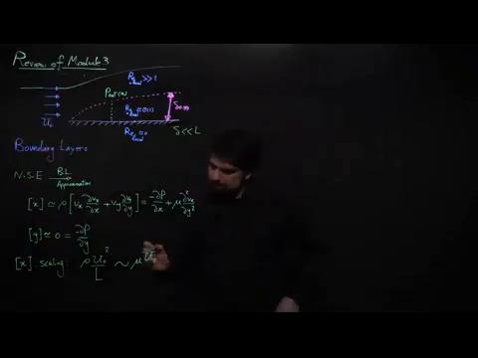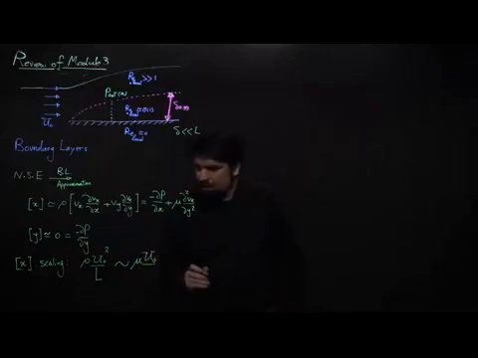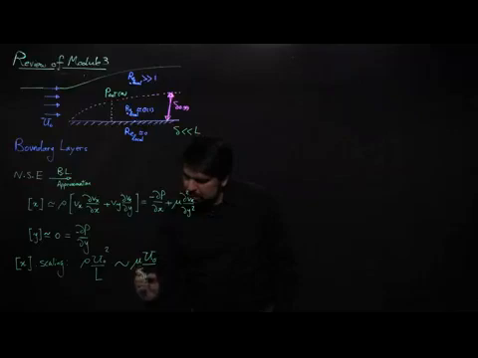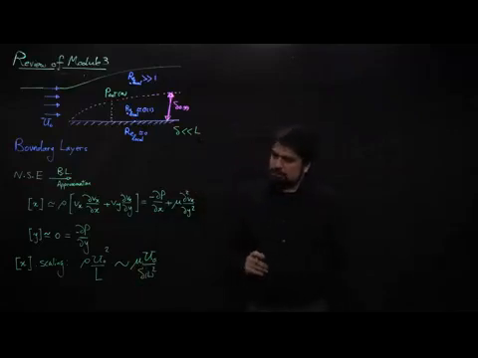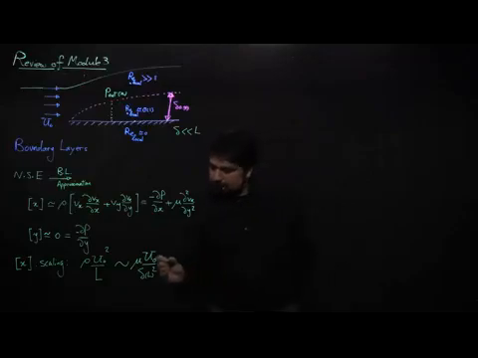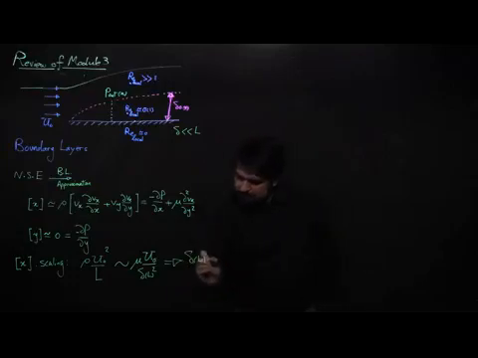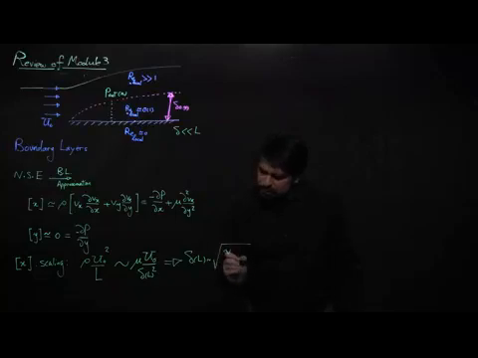Mu times u0 is a scale for viscosity divided by a length scale squared, and that length scale here is the thickness of the boundary layer at a position L. So delta at a position L squared. If we follow this scaling, this tells us that delta at position L scales as square root of nu, which is kinematic viscosity, multiplied by u0 divided by L.